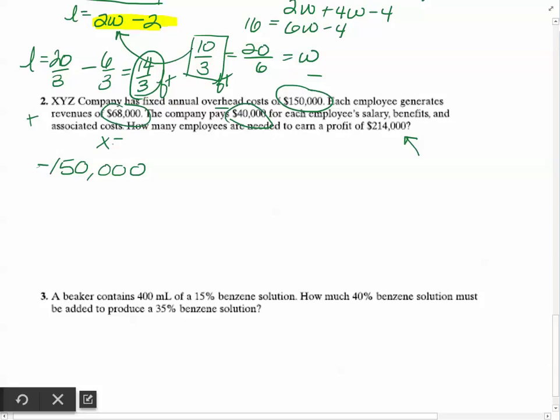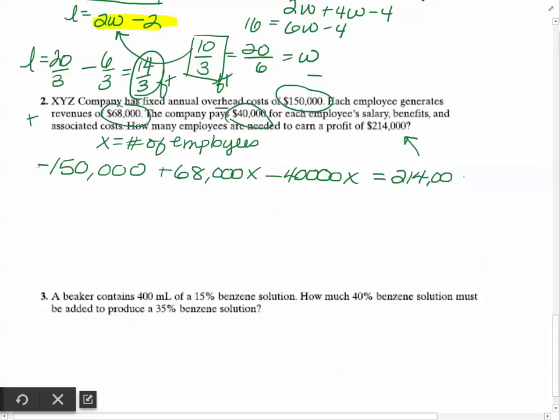And if we let X equal the number of employees, then you're going to earn 68,000 times X for the revenue for each employee. But then you have to pay them $40,000 times X. And we're looking to see when this is going to be a profit of $214,000.